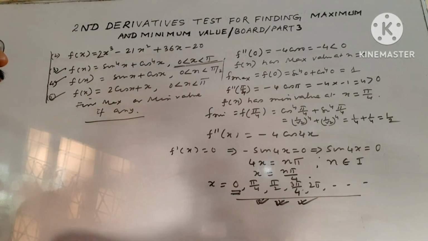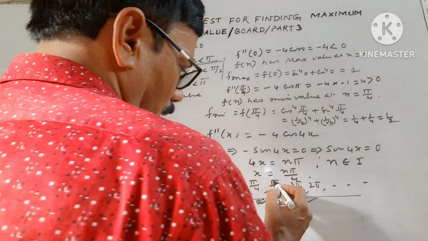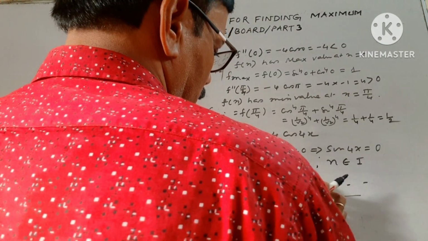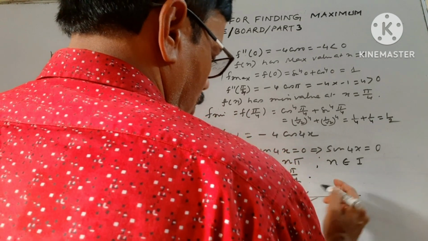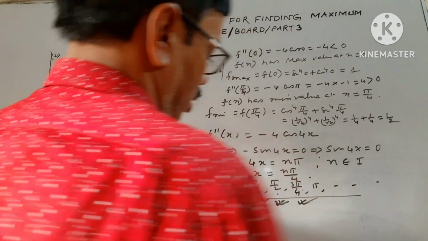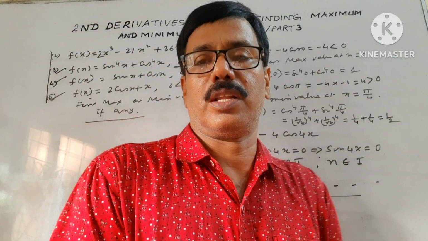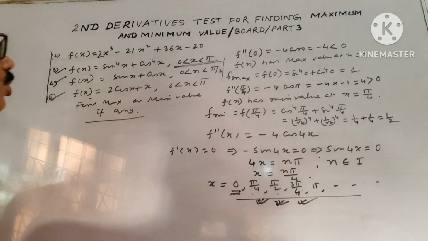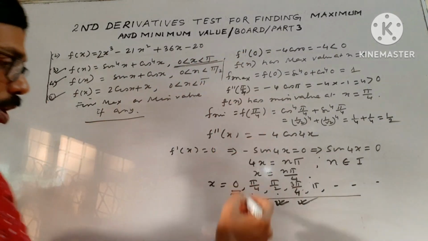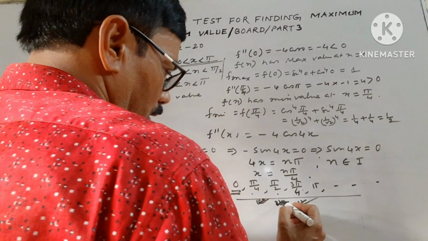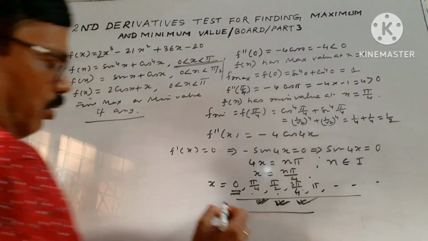So what are the stationary points? Stationary points are 0, pi by 4, pi by 2, 3 pi by 4, pi and so on. But you have to see the stationary points in the restricted interval. So the stationary points are only pi by 4, pi by 2 and 3 pi by 4.